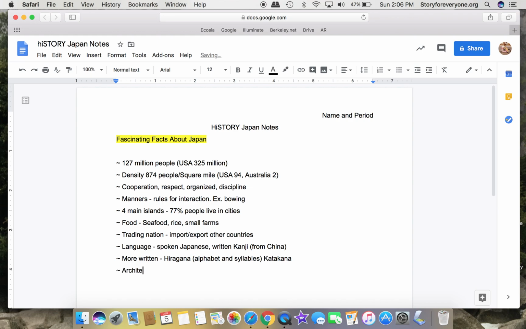Finally, architecture and religion. One of the things that's interesting about architecture is they also imported that concept of curved roofs from China. So some of the architecture in Japan is similar to that in China.